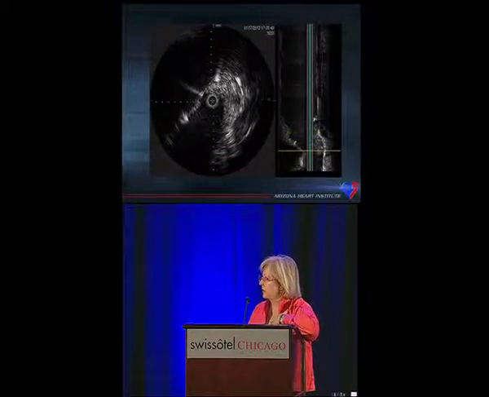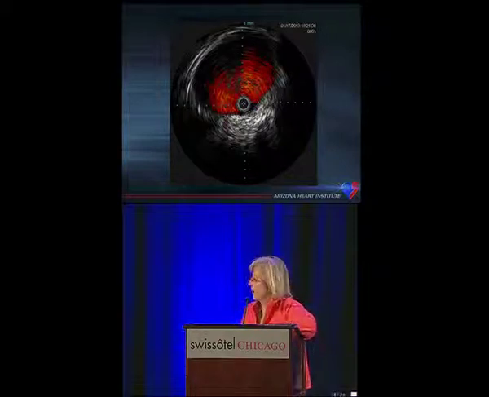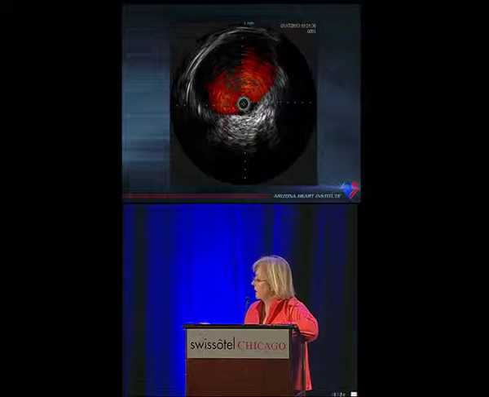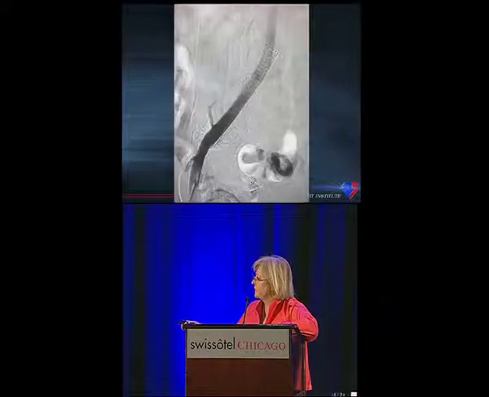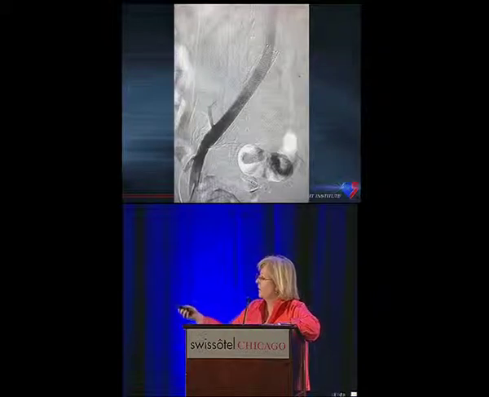So the solution for me at this point was to place a stent, and we placed a Wallstent. I could show you the pictures of the CT, but the CT showed that the Zilver stent had been compressed and flattened out. It was pretty pancaked up here in the common iliac.